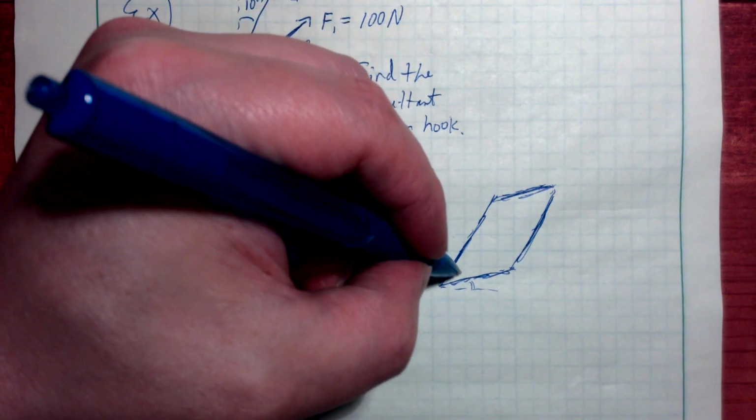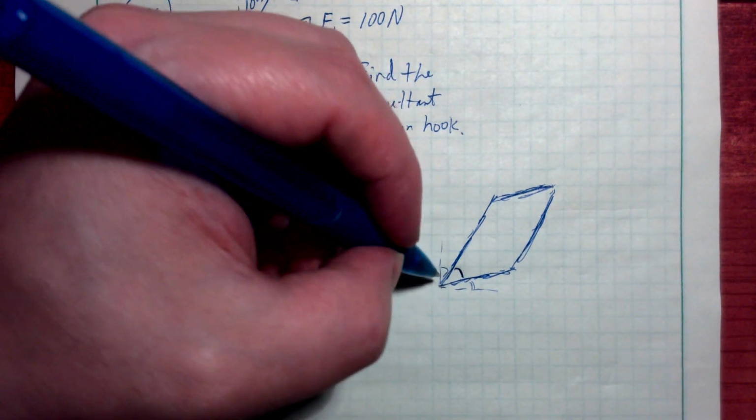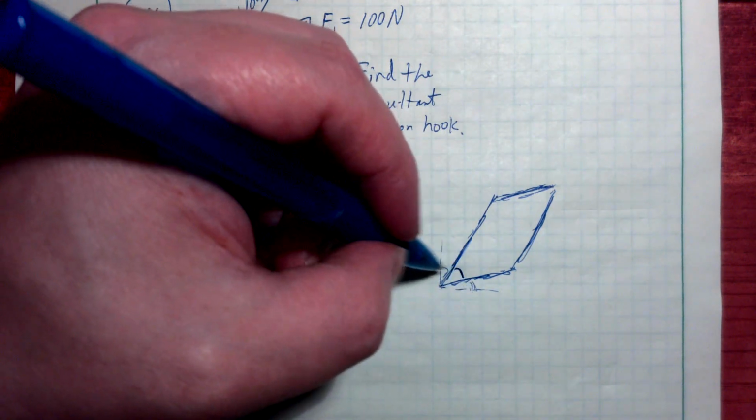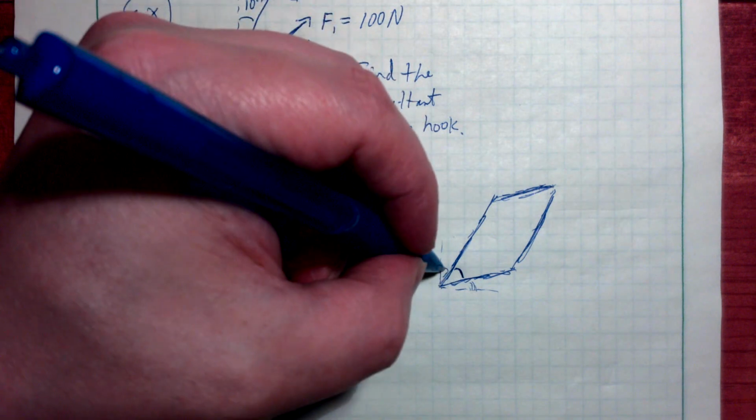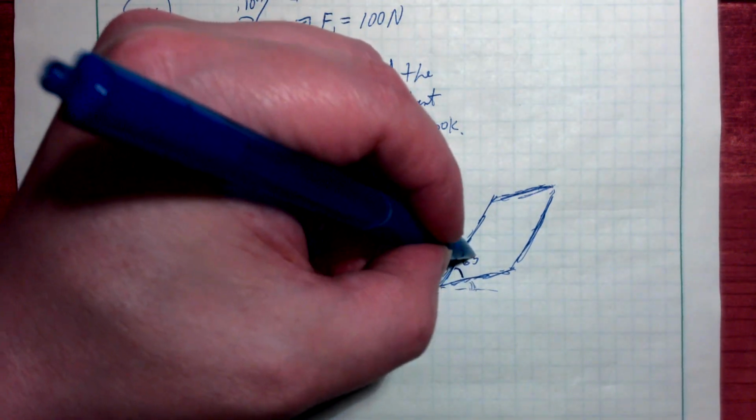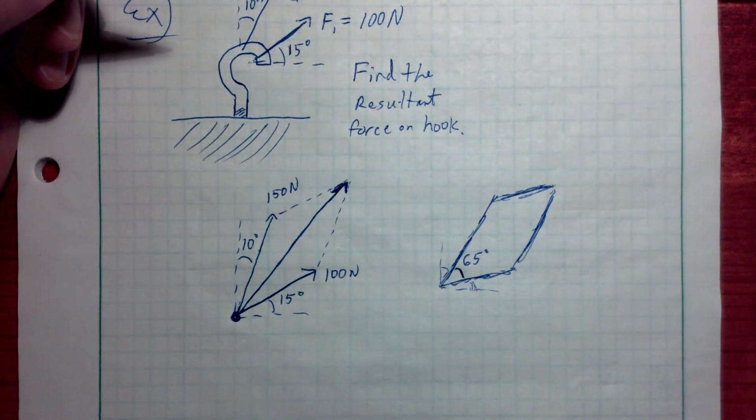So that means the difference from the y to the x-axis is 90 degrees. Well, this is 10 and this is 15, so the remainder inside, that's 65 degrees between those two vectors. Well, if that's 65 and this is a parallelogram, this also has to be 65 up here.